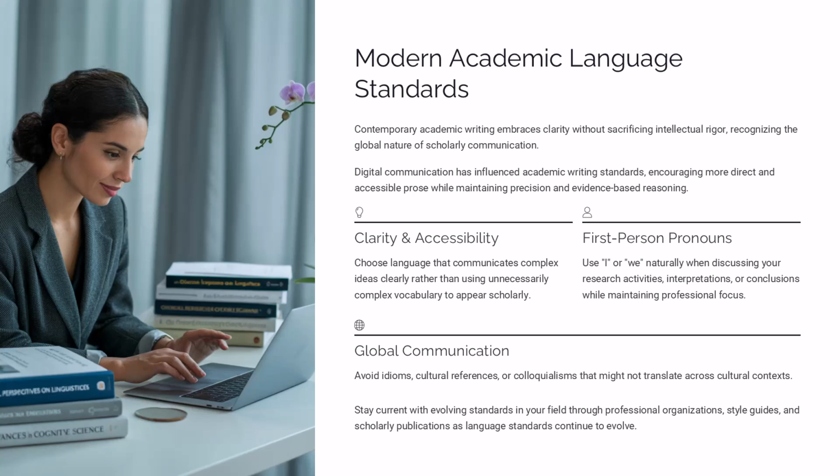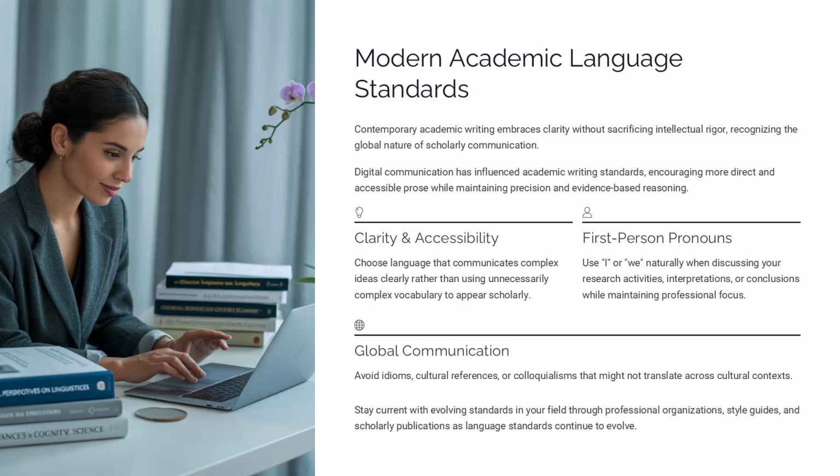Contemporary academic writing embraces clarity and accessibility without sacrificing intellectual rigor. This means choosing language that communicates complex ideas clearly rather than using unnecessarily complex vocabulary to appear scholarly. Your goal is effective communication with diverse audiences, not demonstration of vocabulary knowledge.